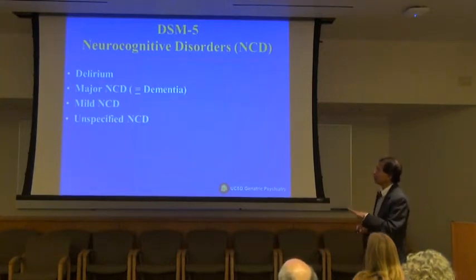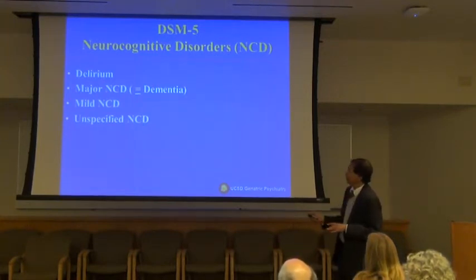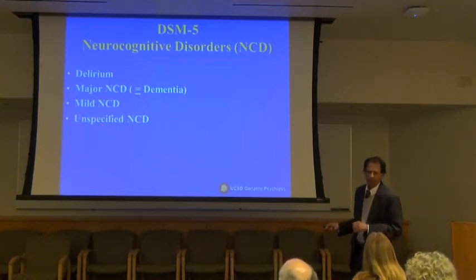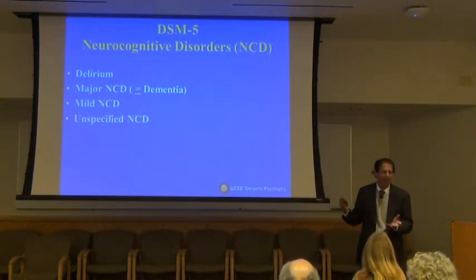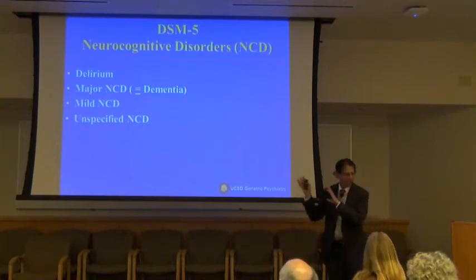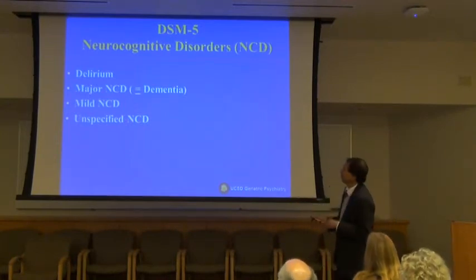There are 4 conditions that are included: delirium, major neurocognitive disorder or dementia, mild neurocognitive disorder, and unspecified neurocognitive disorder. I'm not going to talk about that last one. The only reason for having it there is that whatever classification you come up with is never going to be complete, so you always need that wastebasket category.